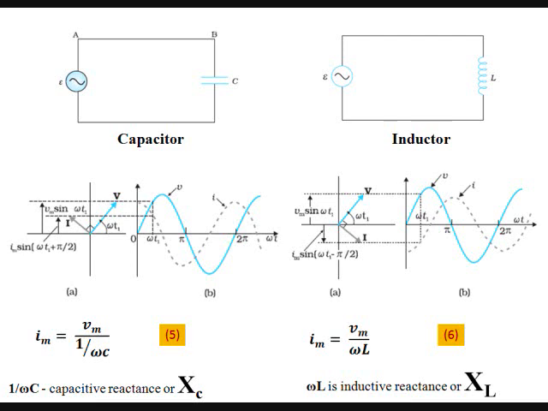In the case of a capacitor, as shown in the diagram, the current is pi by 2 ahead of voltage or 1/4 cycle, and in case of an inductor, the current lags the voltage by pi by 2. The corresponding resistance is called reactance. The capacitive and inductive reactances are expressed by equations 5 and 6.